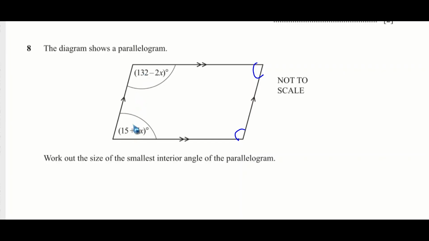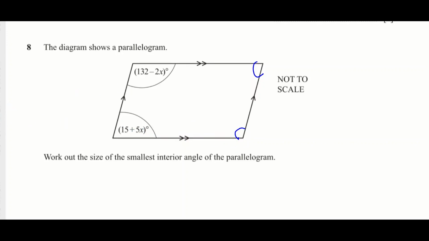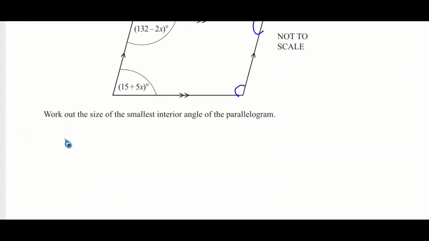So this and this add up to 180 degrees. Of course, this and this should also add up to 180 degrees. So for that reason, we can say that 132 minus 2x plus 15 plus 5x equals 180 degrees because they are supplementary angles.